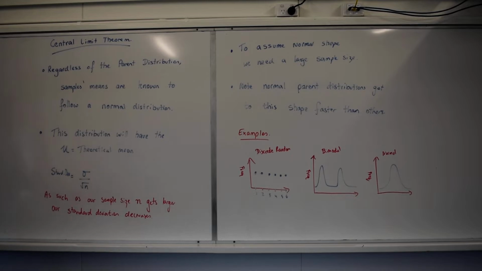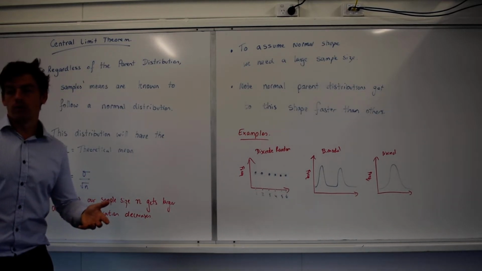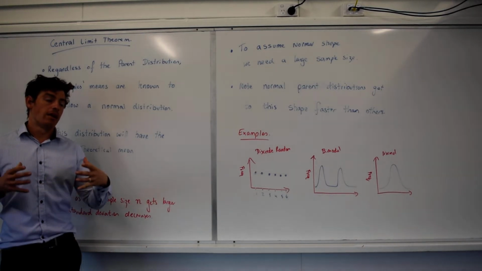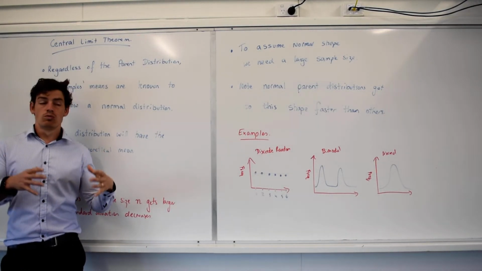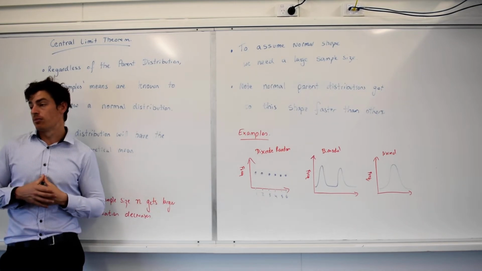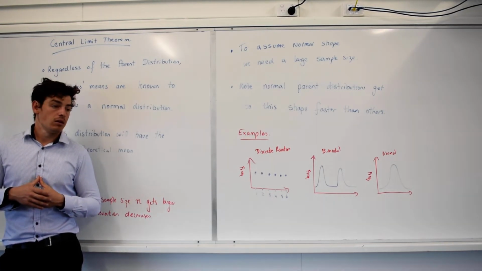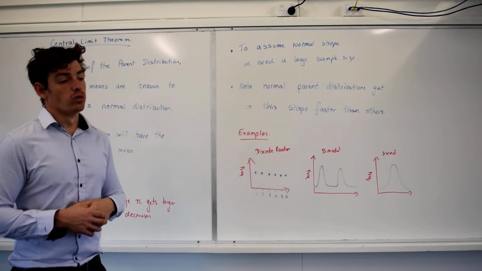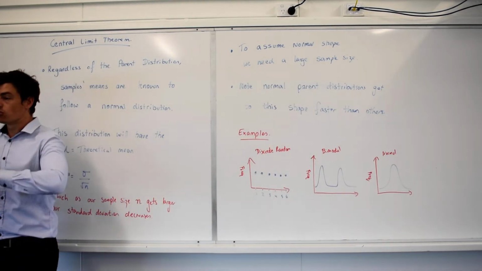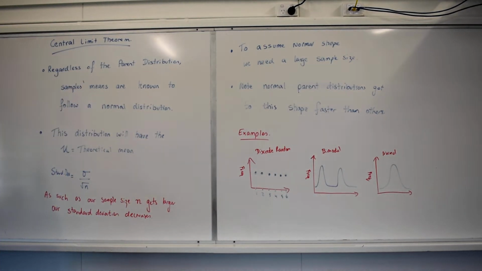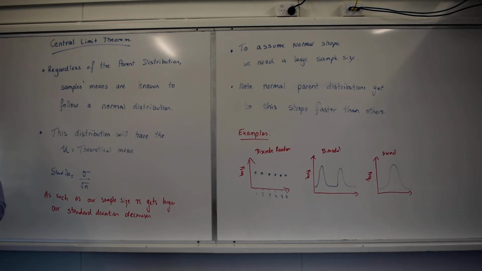Or, rather than doing that, I can just collect lots of smaller samples, and take their means, distribute their means, and it will form a normal distribution around the theoretical mean.